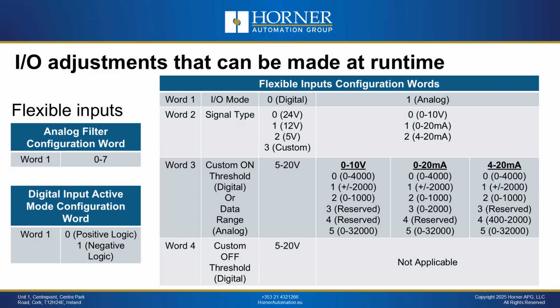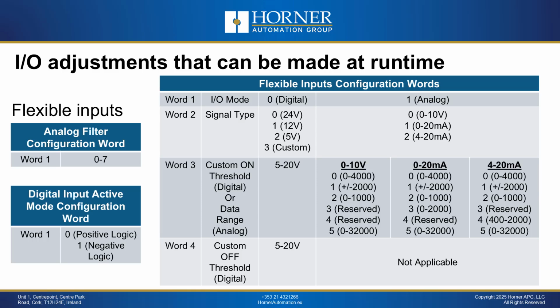For configuring these things we have talked about so far, for all the channels that are used as analog, there is a separate configuration word, just 1 word total for all the channels that are analog, for adjusting the filtering. So 0 at minimum filtering, 7 at maximum filtering, and it can be in between to balance responsiveness versus signal stability.